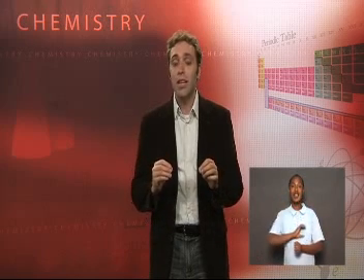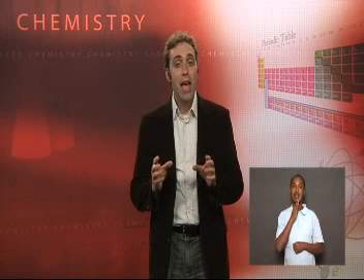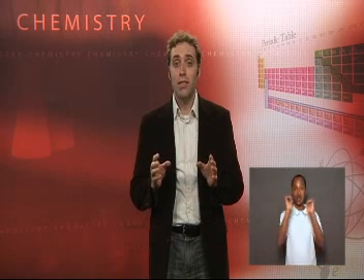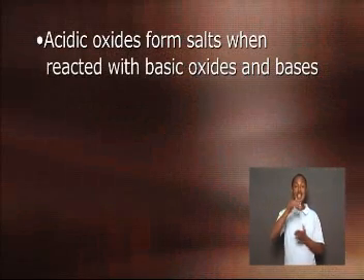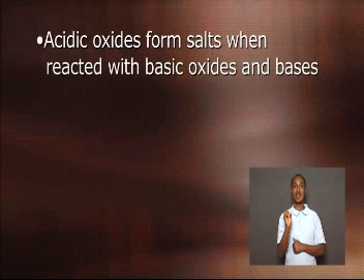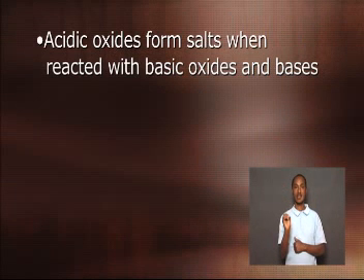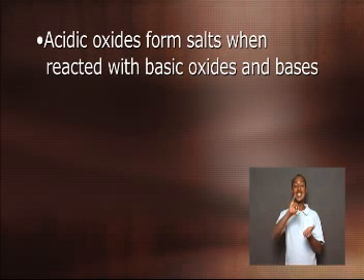Hello, students. Were you able to determine the common characteristic shared by acidic, basic, and amphoteric oxides? You were correct to say that acidic oxides, basic oxides, and amphoteric oxides are all salt-forming oxides.